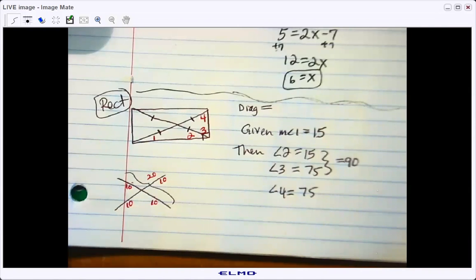Okay. So now let's talk about a rhombus. So a rhombus looks like a slanted square, kind of.